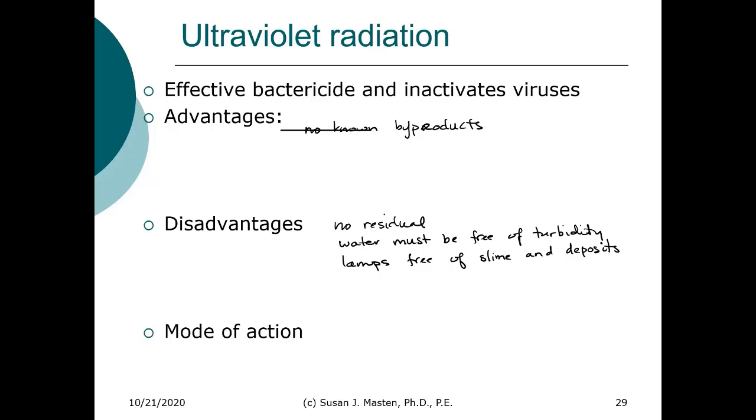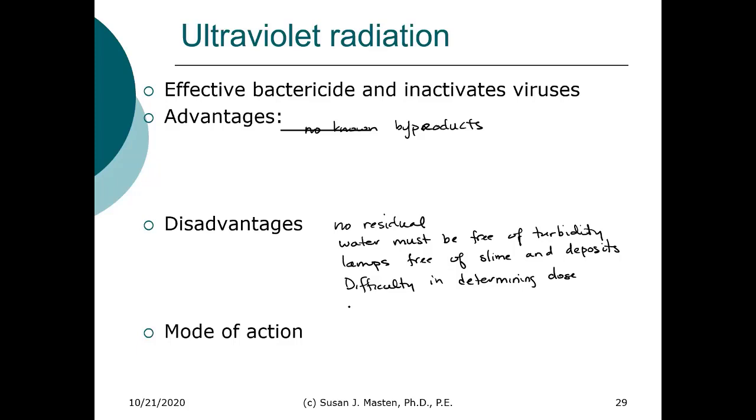A lot of lamps now are what they call self-cleaning to try and ensure that they can maintain the desired transmission level. And then there's a difficulty in determining the dose. For instance, with chlorine residual, we can do a chlorine test. Relatively inexpensive to purchase, easy to do. That's much more difficult with UV radiation.